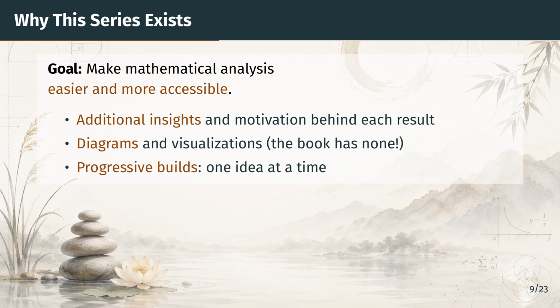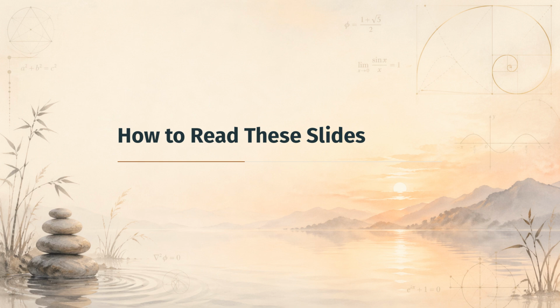Finally, the slides use progressive builds, which means ideas are revealed one at a time. This matches the pace of a video lecture and gives you a chance to absorb each step before the next one appears. The idea is that you can follow along naturally, without feeling overwhelmed by a wall of symbols.